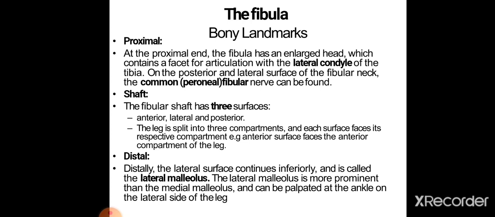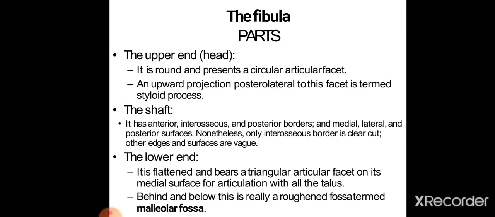The leg is split into three compartments and each surface faces its respective compartment. Distally the lateral surface continues inferiorly and is known as the lateral malleolus. The lateral malleolus is more prominent than the medial malleolus and can be palpated at the ankle on the lateral side of the leg.